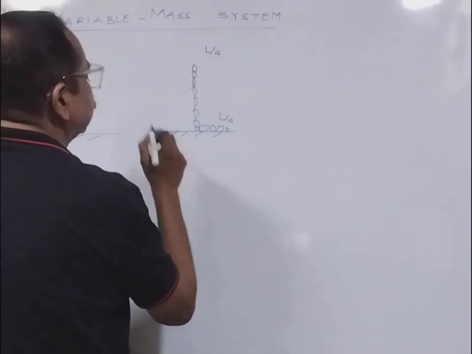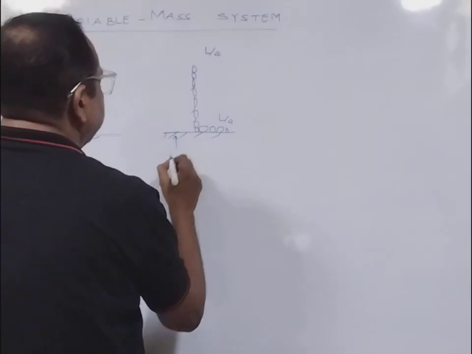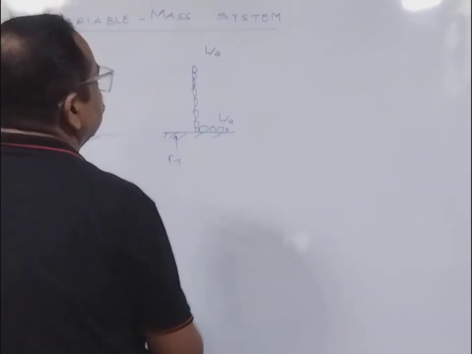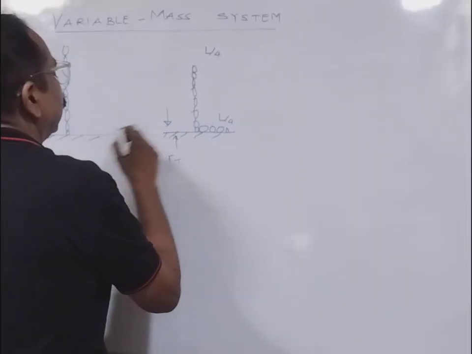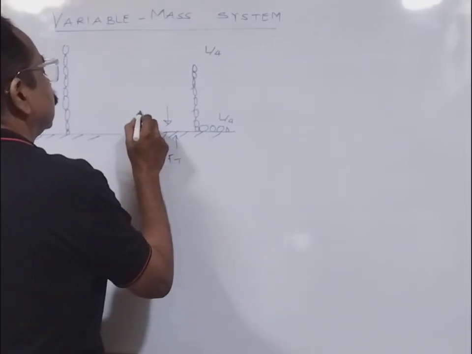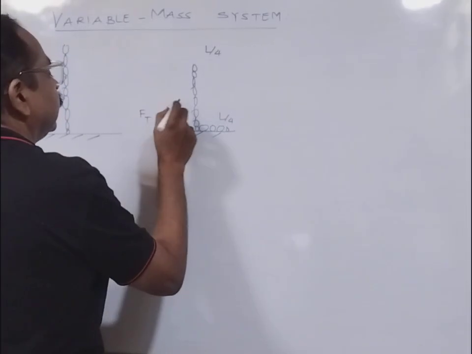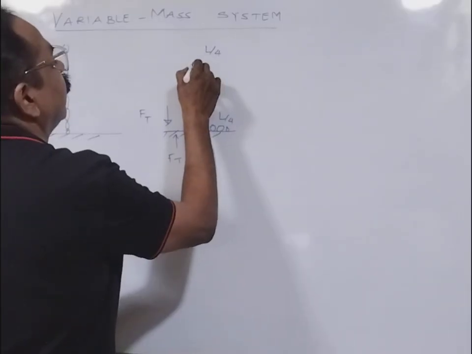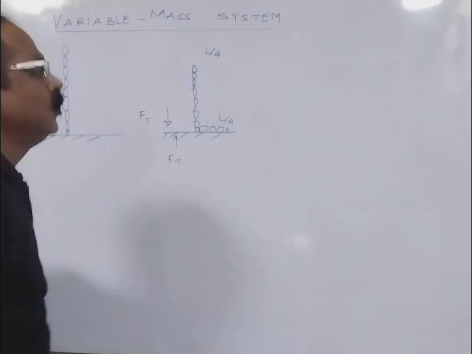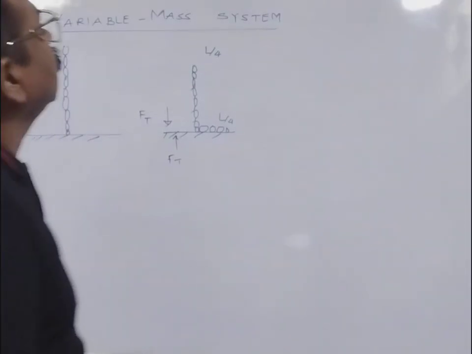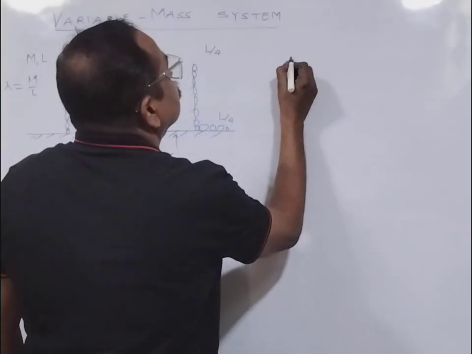what is the value of thrust, or the total force acted by the ground on the chain, or the total force given by the falling chain when it has fallen up to L by 4 of the length? To solve such questions, first look at the solution.